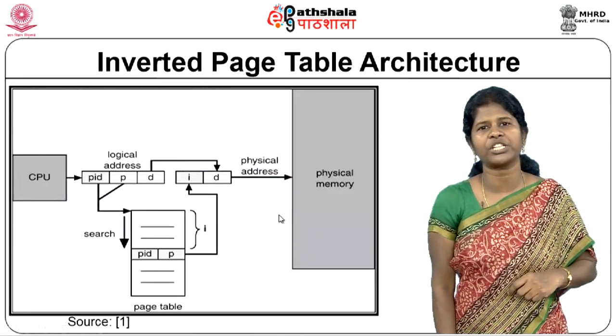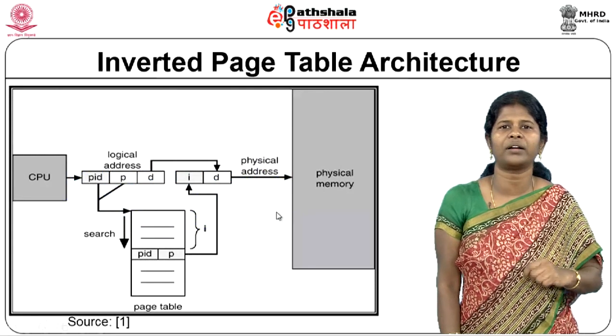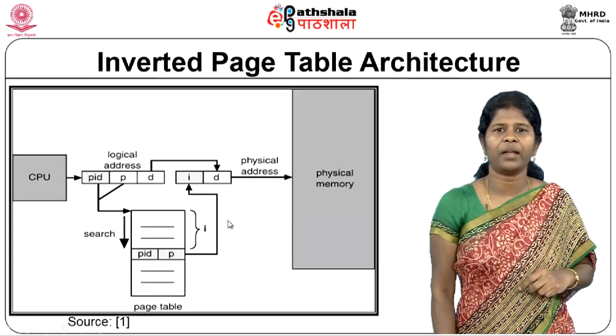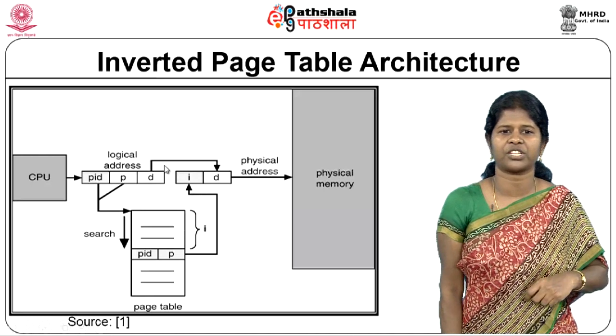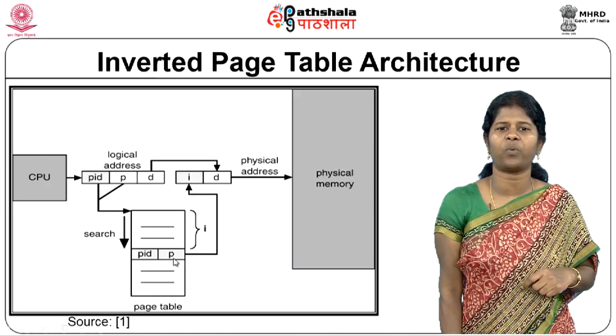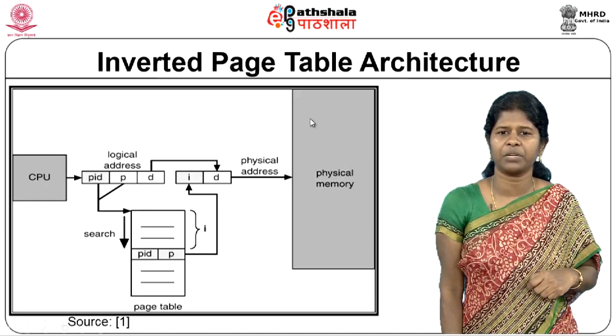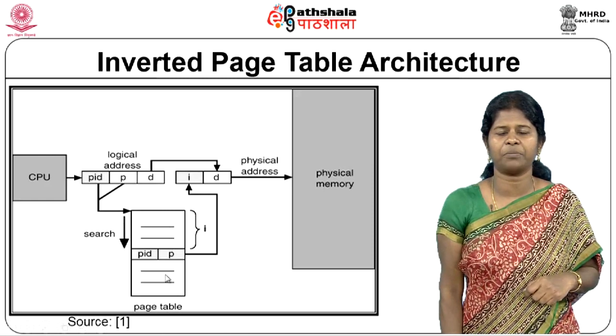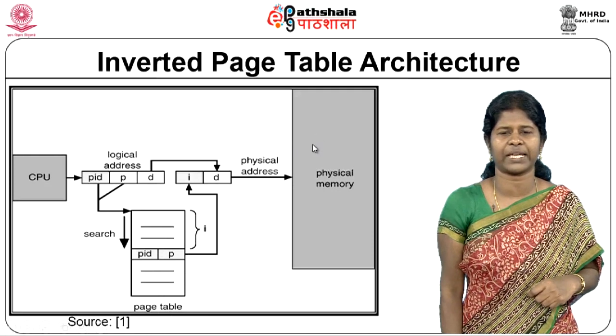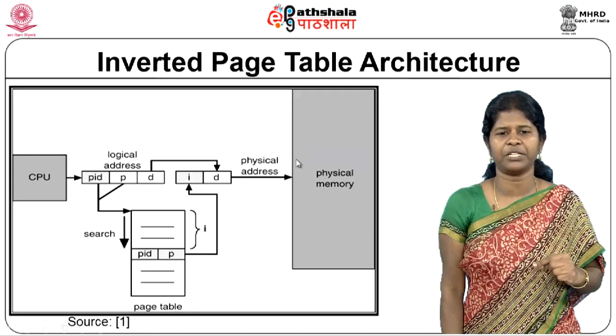But how do you share pages when you have an inverted page table architecture? We learnt about an inverted page table architecture in which you maintain only one page table, with an entry in the page table corresponding to each frame in the physical memory.